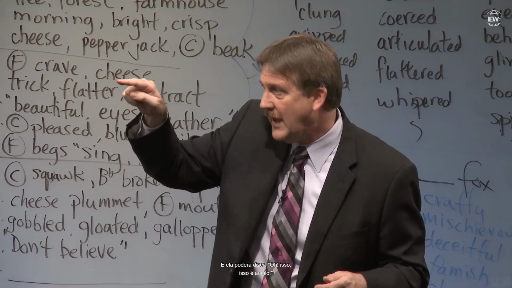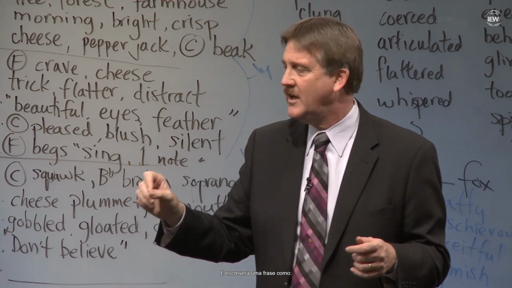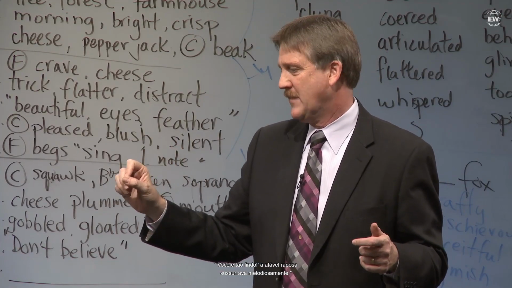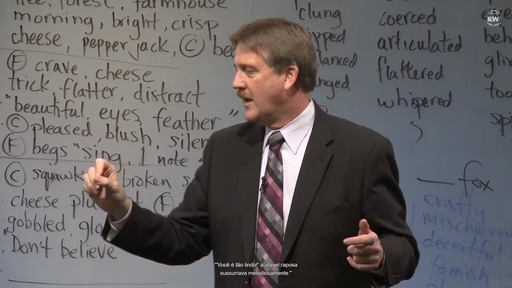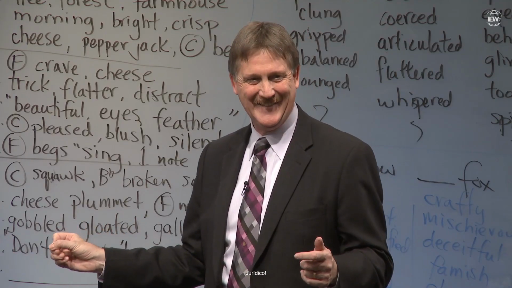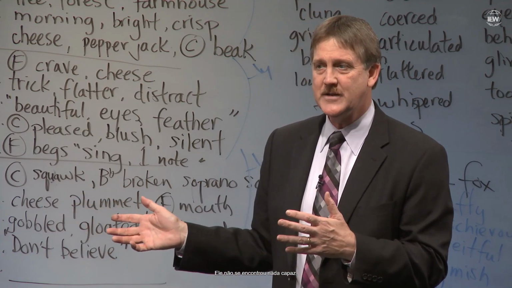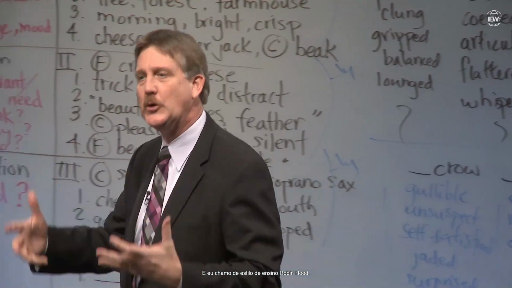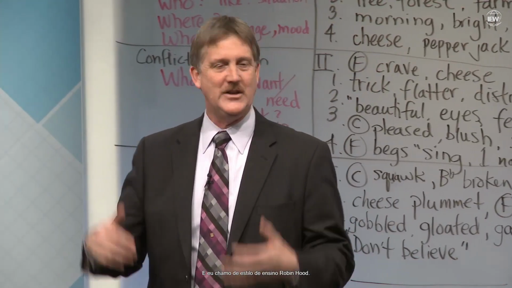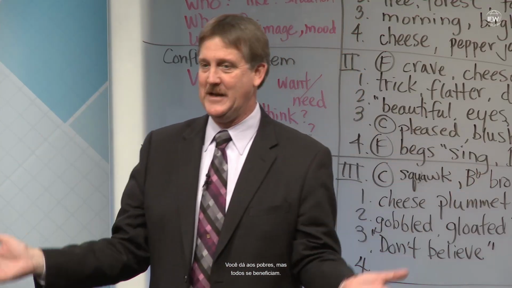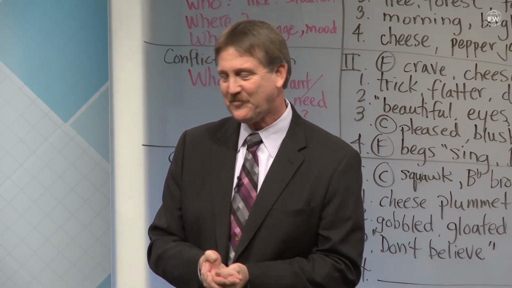And he can say, oh, that, and that, and he'll write a sentence like, you are so beautiful, the fox, the debonair fox mellifluously crooned. Cool. He wouldn't think of it in a million years, but he can put those things together, you see? So I call this the Robin Hood style of teaching. You steal from the rich, you give to the poor, but everybody benefits. Do you see?